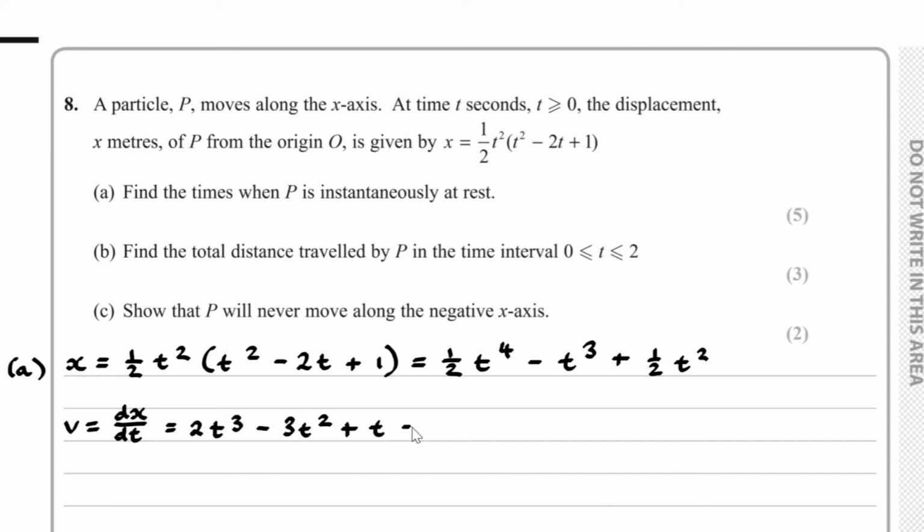And if I factorize out a t, I've got t multiplied by (2t squared minus 3t plus 1). And I can factorize this even further. We've got t multiplied by (2t subtract 1) multiplied by (t subtract 1).